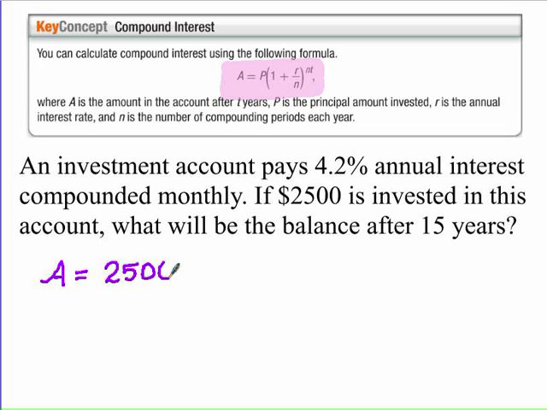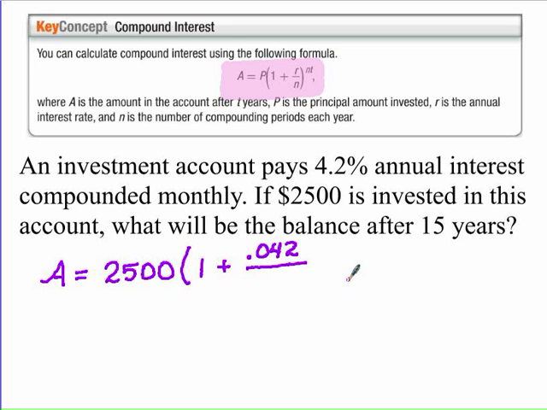Remember that principal is my starting amount, times 1 plus r, where r is your rate as a decimal. 0.042, because it is actually 4.2%. Remember with that percent, we need to move that decimal back 2 places.